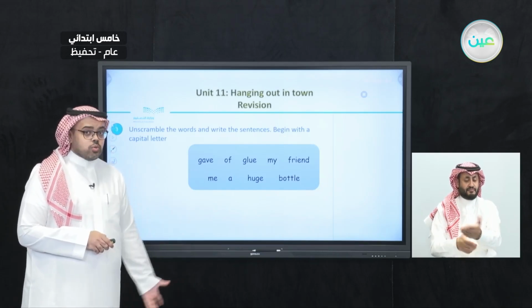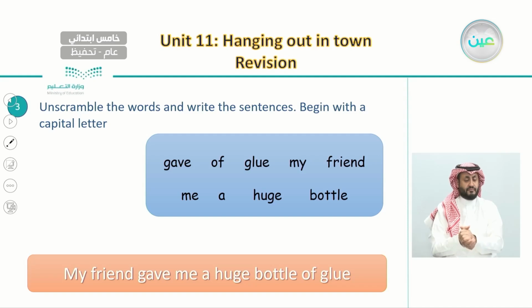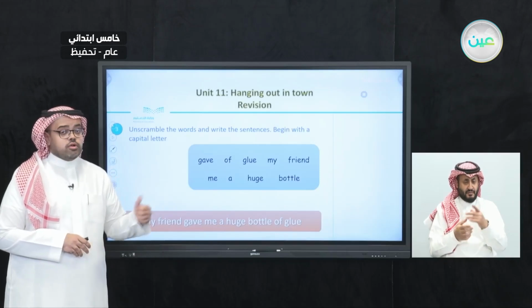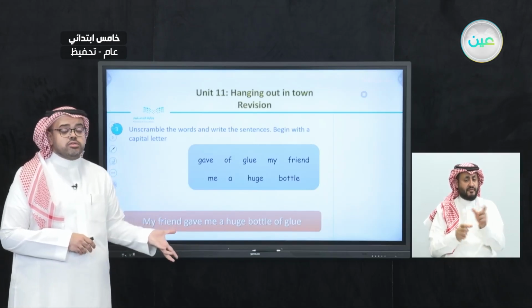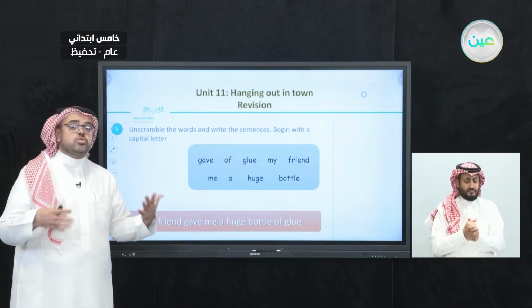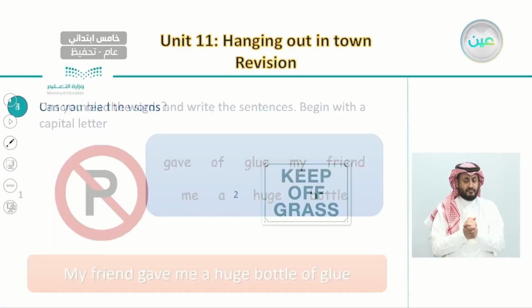The sentence was: my friend gave me a huge bottle of glue. So this is how we did these 2 exercises, where in the first we unscrambled letters, and in the second we unscrambled words to form a full sentence.